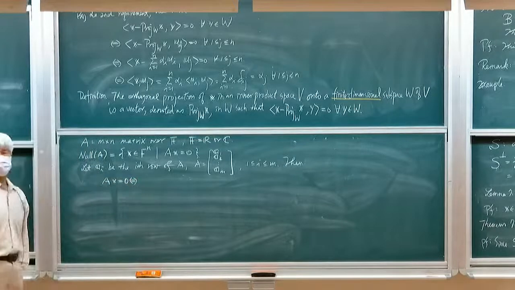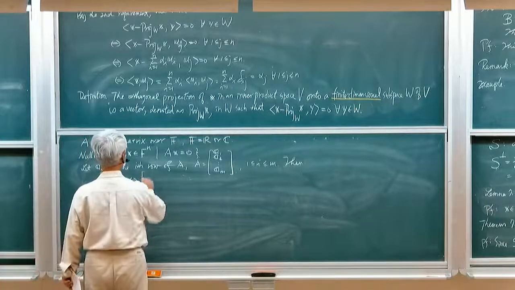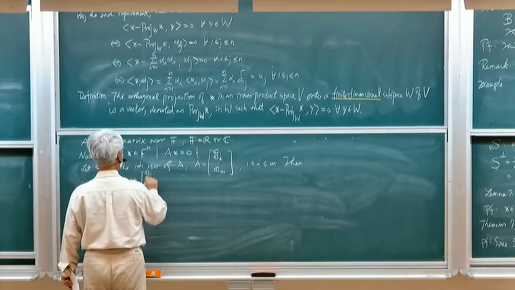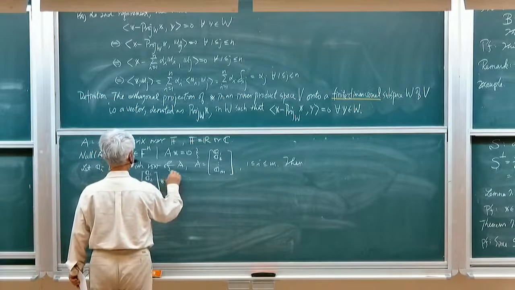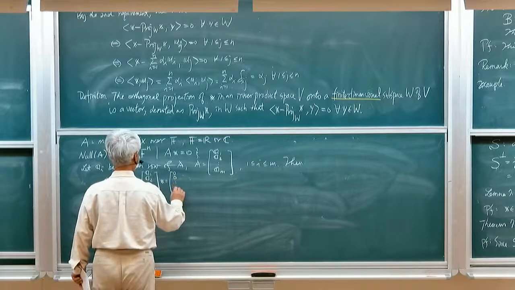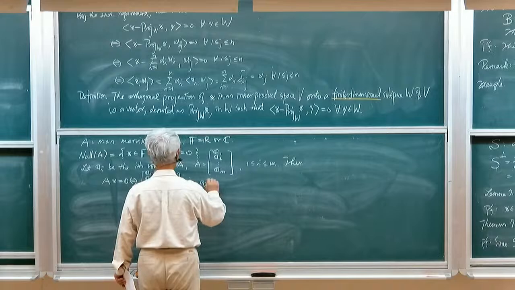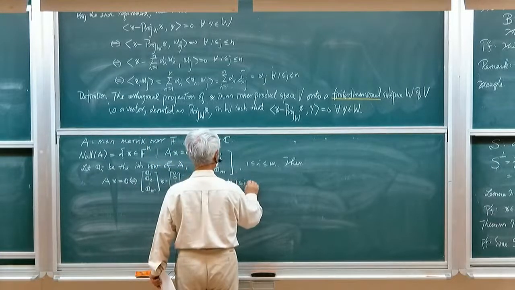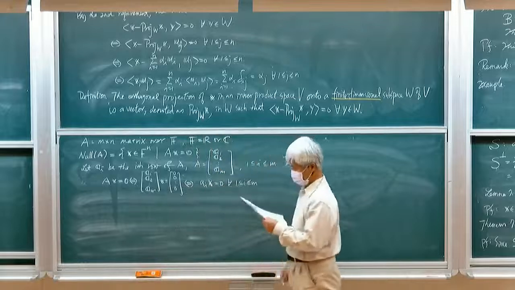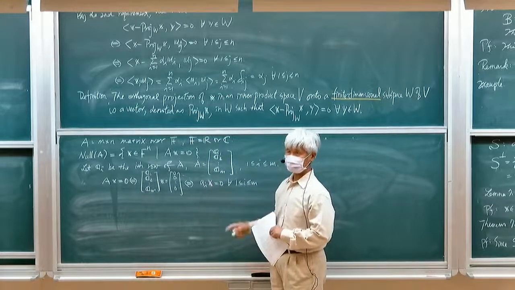All right, so now we see Ax equals the 0 vector. So that means that A_i x is 0 for all i from 1 to m. Okay? So the row vector multiplied with the column vector is 0.